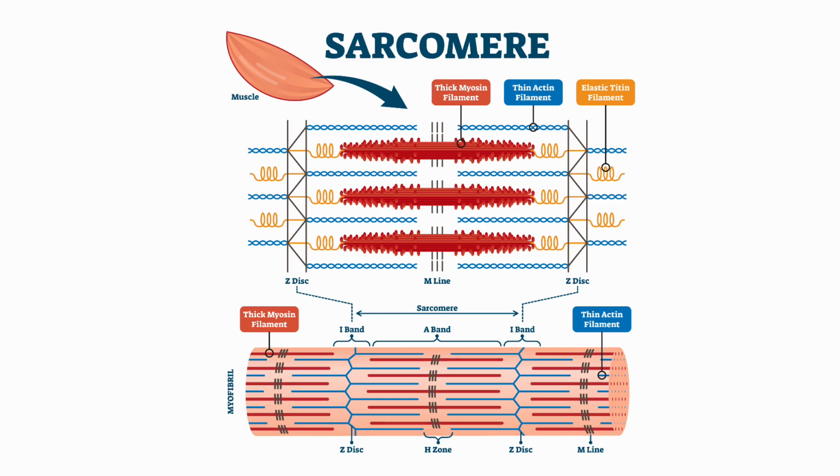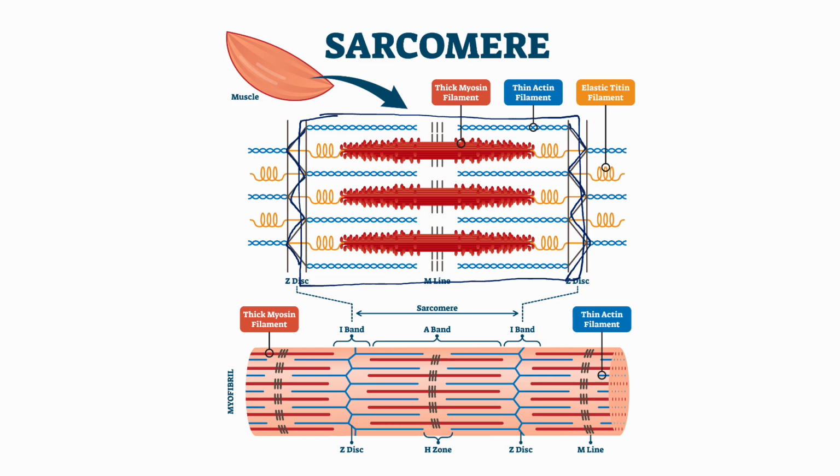All right, here's our sarcomere. This is one Z disc, and this is the other. We're going to focus on the sarcomere that is in between those two Z discs. First of all, we have the myosin, or the thick filament, and then we have the actin, or the thin filament.